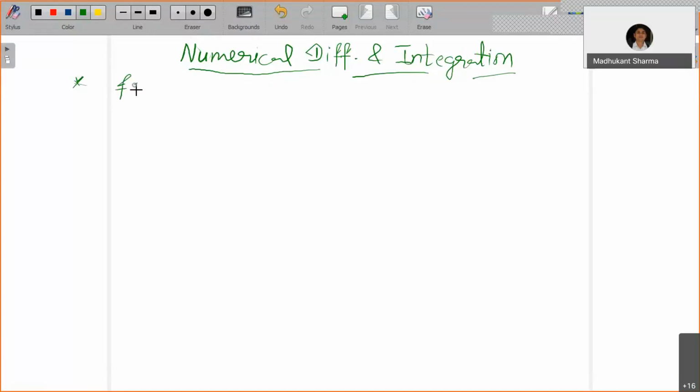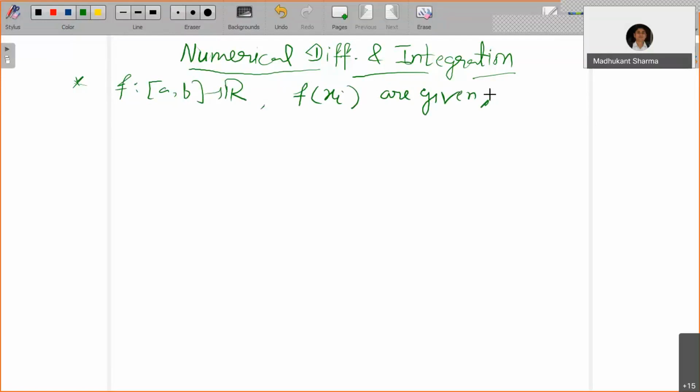Let f be a real valued function, and f of xi are given. What is xi?